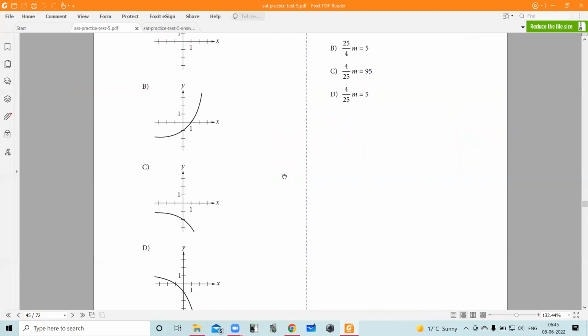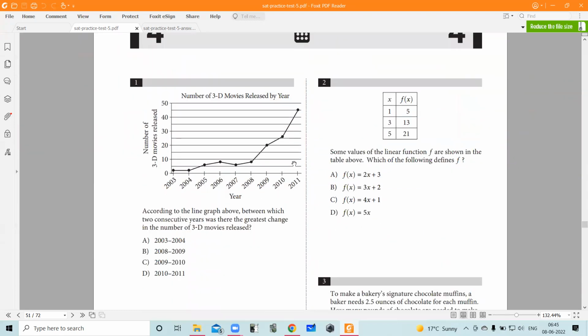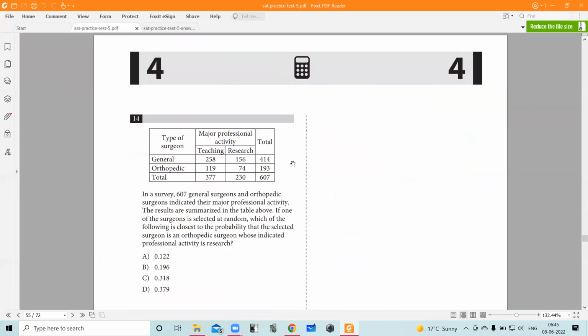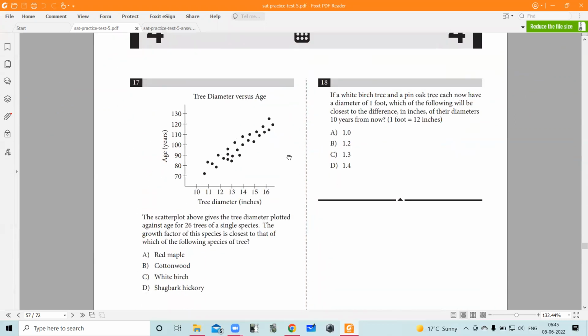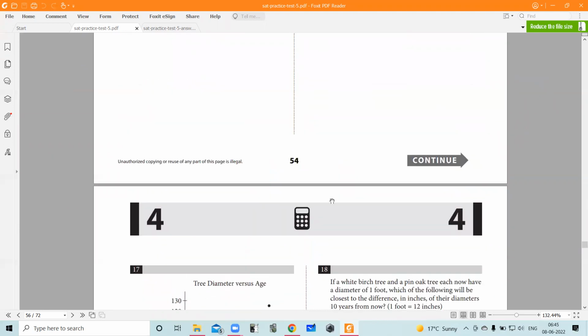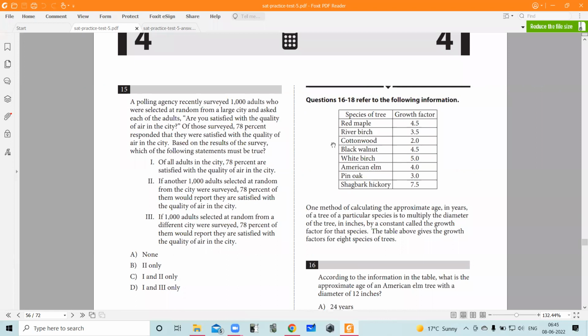And then for the calculator active portion, the first question that I had was number 18. Is it connected with somewhere? Yes, with number 16 to 18.